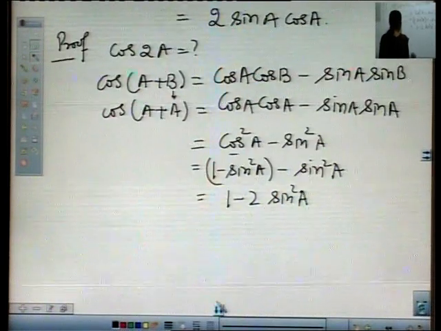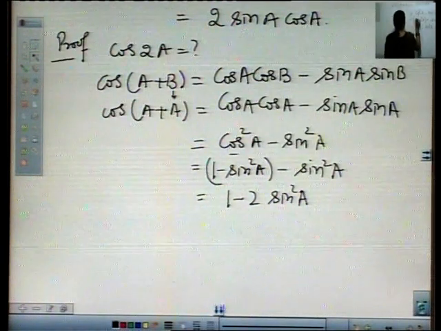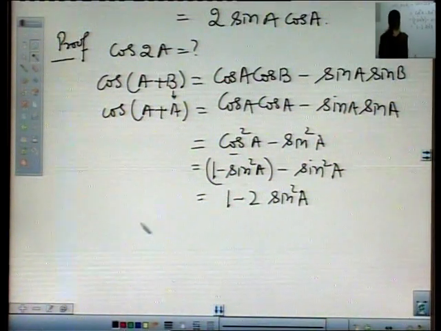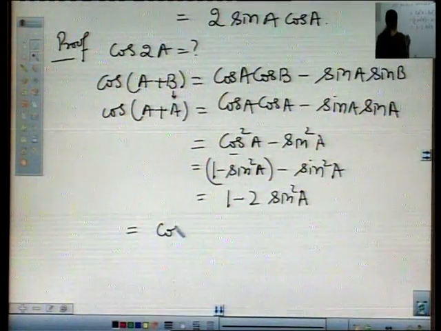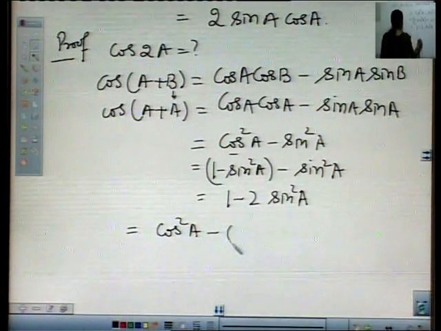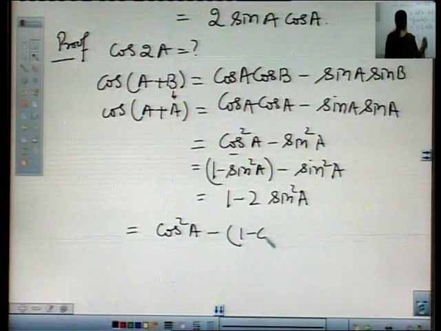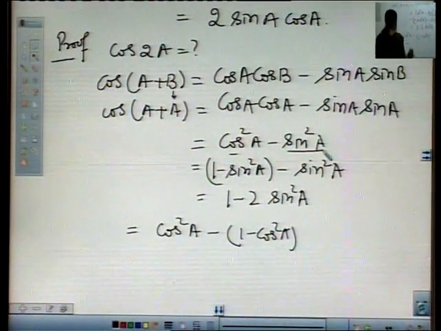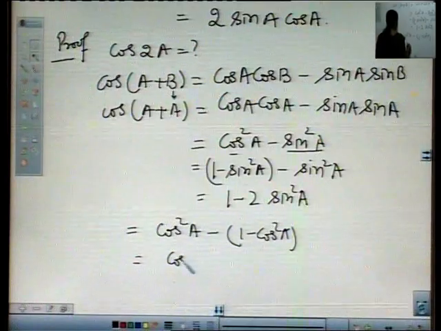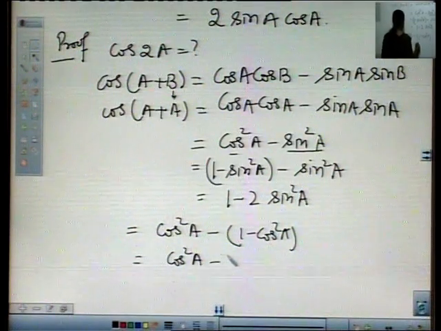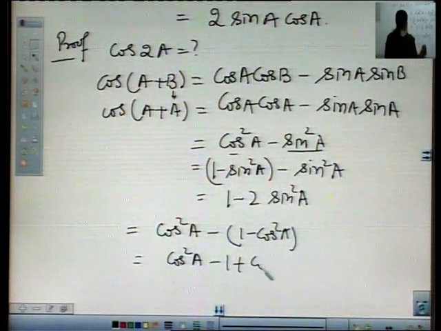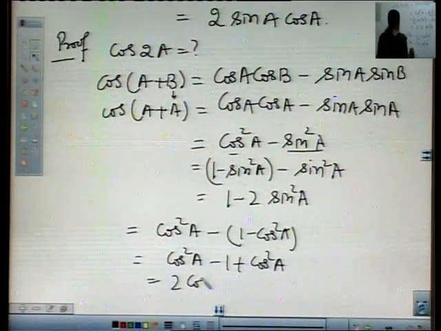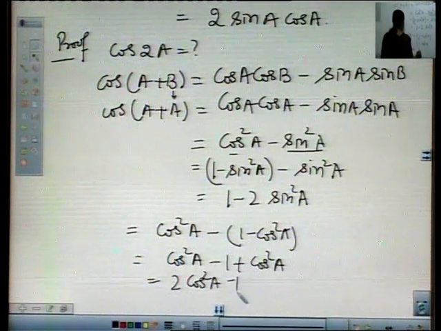Again, this is cos square a minus sin square a. We can also put 1 minus cos square a instead of sin square a. Then we get cos square a minus 1 plus cos square a, and it will be equal to 2 cos square a minus 1.